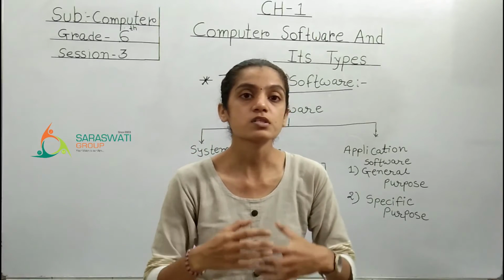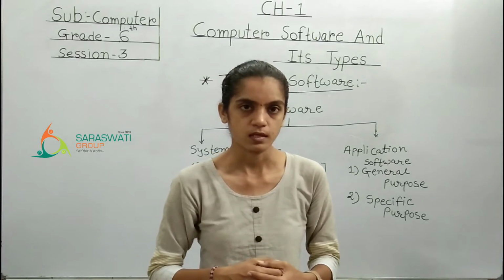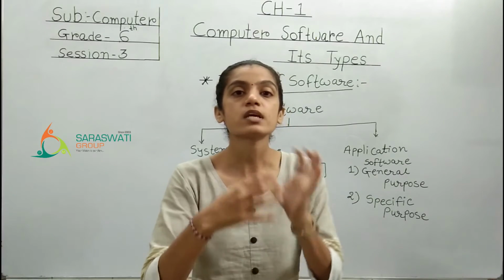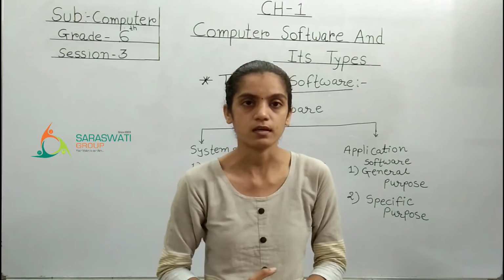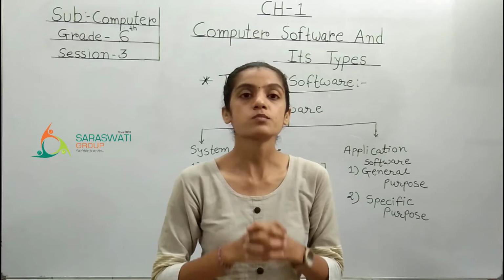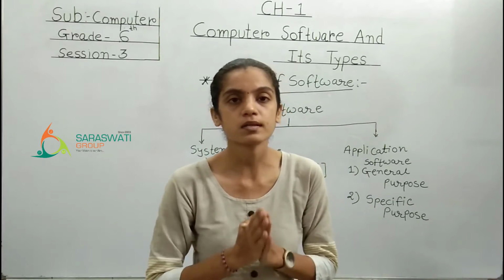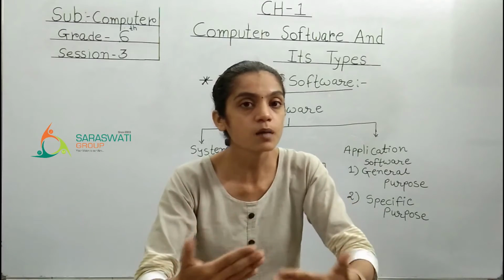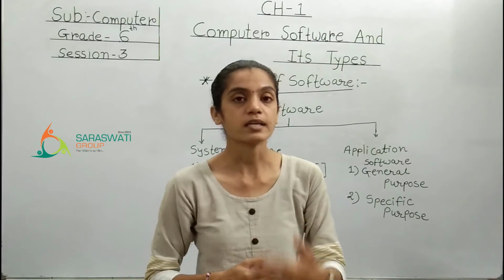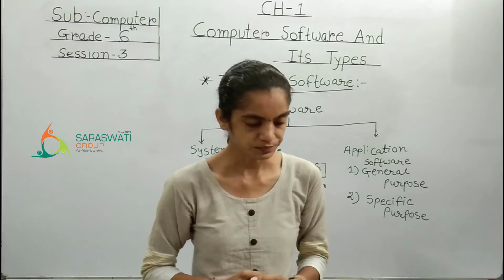Right? तो वो क्या होता है? वो सिस्टम चालू होती है. Right? तो चालू करने के लिए भी उसके अंदर कुछ सॉफ्टवेयर डालने पड़ते हैं. तो उसको हम बोलेंगे सिस्टम सॉफ्टवेयर, जिसके ऊपर पूरा कंप्यूटर काम करता है, उसी की वजह से काम कर पाता है. Right? So that is system software.